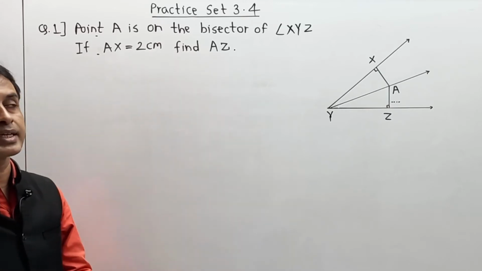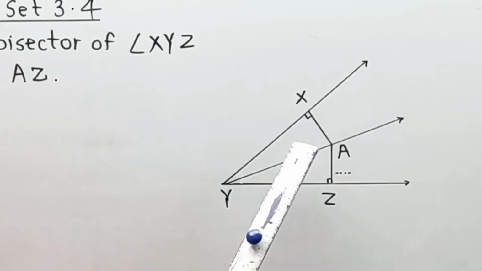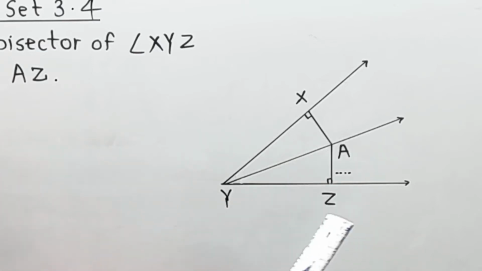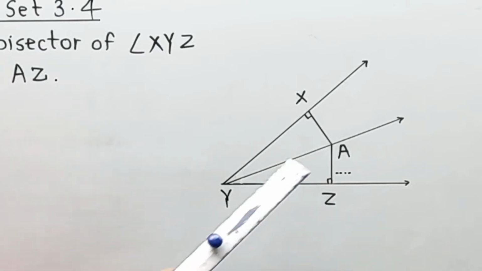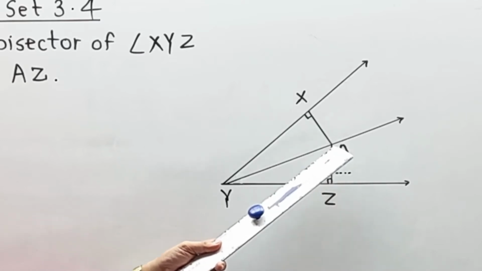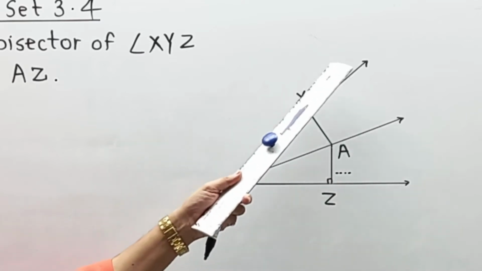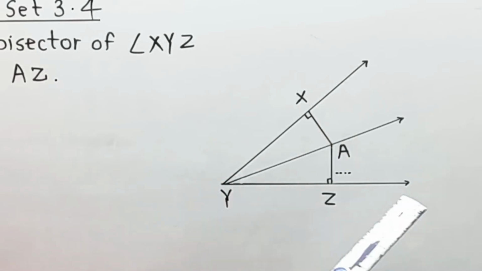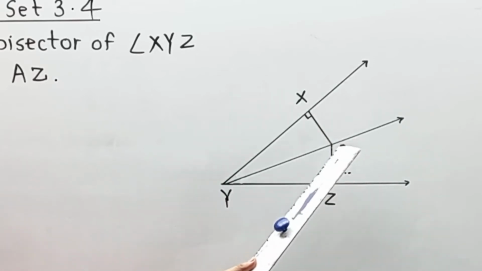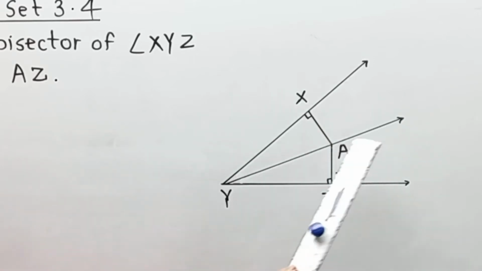then find AZ. Now, we are trying to understand the same question from the diagram point of view. Point A is on the bisector of angle XYZ, which means point A is on the angle bisector. In short, they have given YA as an angle bisector.